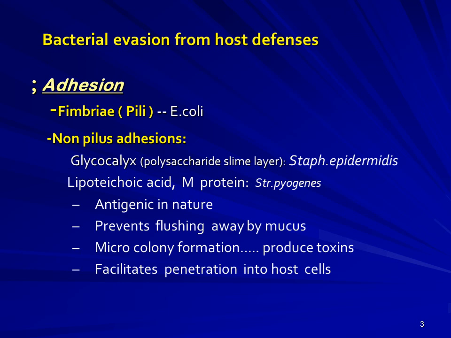Once they adhere, microcolonies are formed. Unless the bacteria produce microcolonies, they can't establish on the surface to produce the toxins or enzymes responsible for their clinical manifestations. This adhesion also facilitates the penetration of the microbial agent into the host cells.